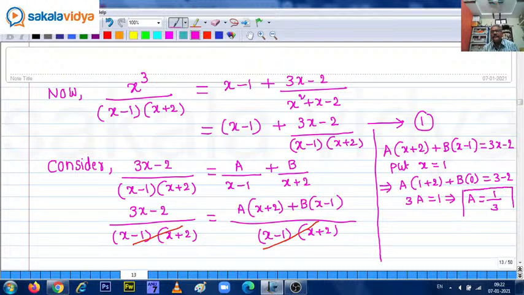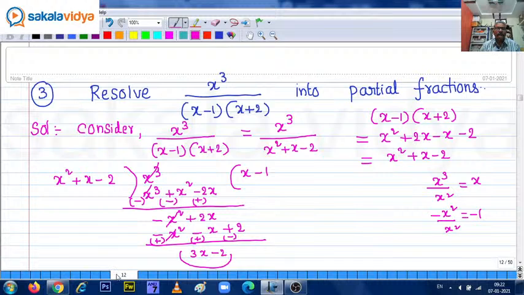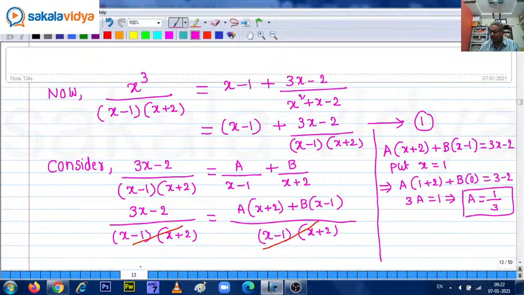You check once again. Tarun Teja, once again check it. Put x equal to minus 2.